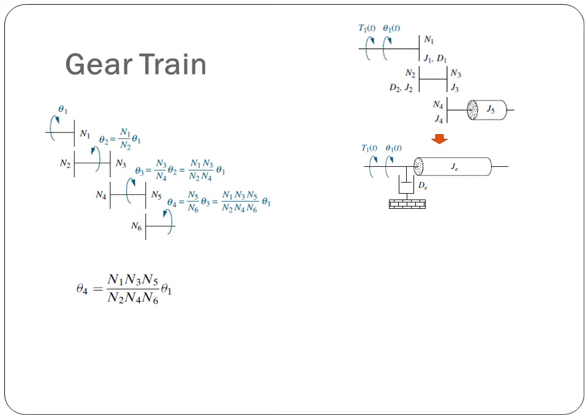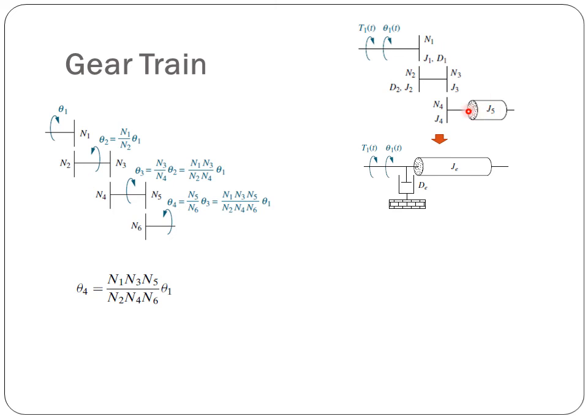So now let's try to write the equation on the left side of the gear, based on theta 1. So we are going to write the equation right here. If we want to write the equation here, we need to find the equivalent inertia and equivalent viscous damper on this part of the system.